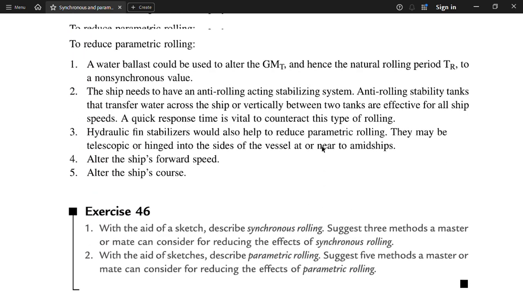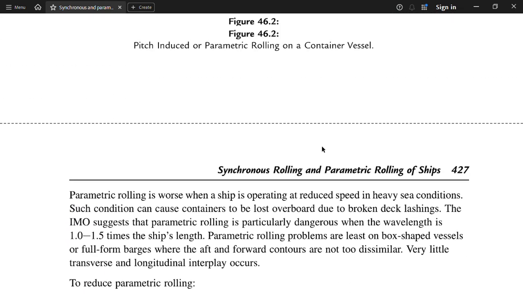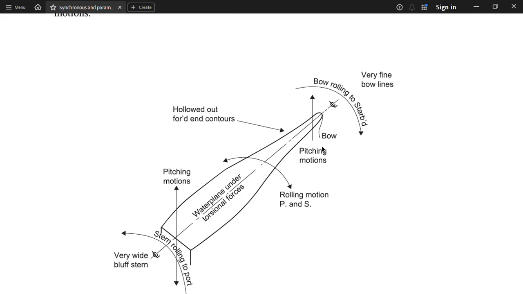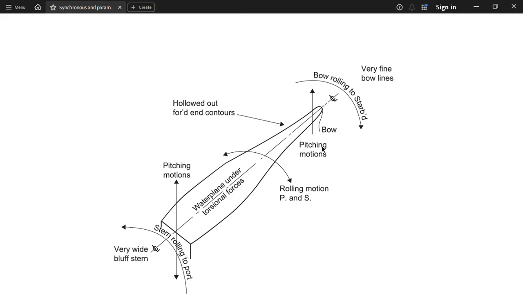I hope it is clear what parametric rolling is, what synchronous rolling is, what the condition is, and how we can reduce the synchronous rolling and this parametric rolling.